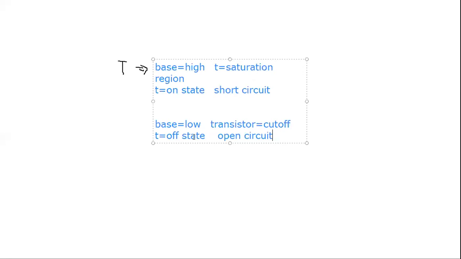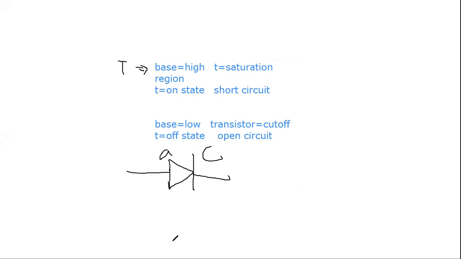When the anode voltage is low compared to the cathode voltage, consider the diode: this is the anode and this is the cathode. What are the characteristics of this diode?